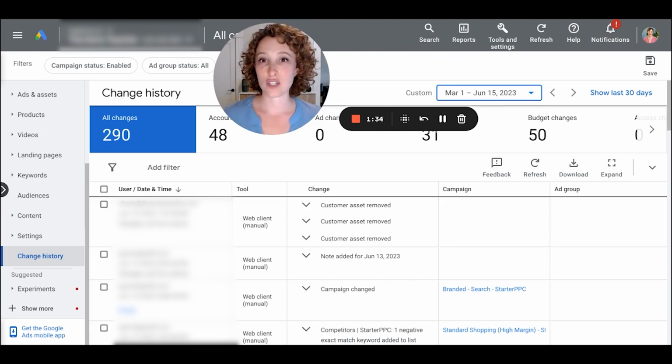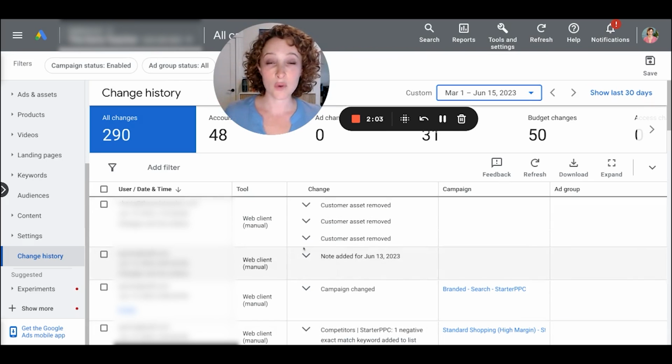Let's say you set it at 200%. You're like, I really need this return where I spend $1 and I get $2 in return, right? That's a 200% return. And so you're automating whatever the algorithm does and saying you can bid whatever you want, wherever you want, however you want, as long as you get me an average of 200% return. So that's the intent behind a tROAS setting.